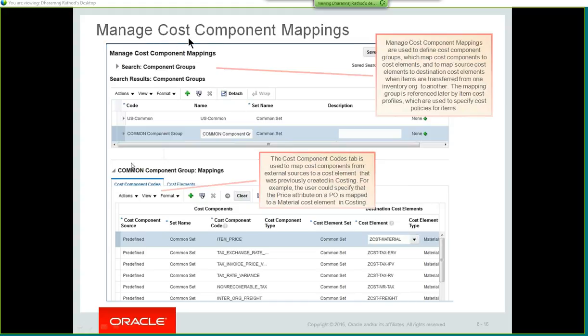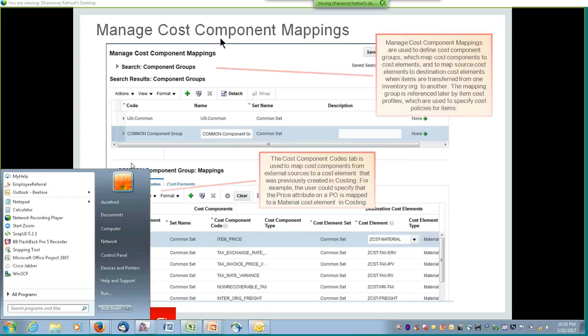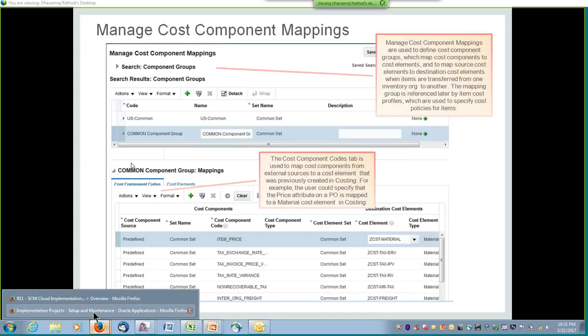There is a UI called Manage Cost Component Mapping, and this is where you map your cost component to a cost element. So let's go into the application and see that.